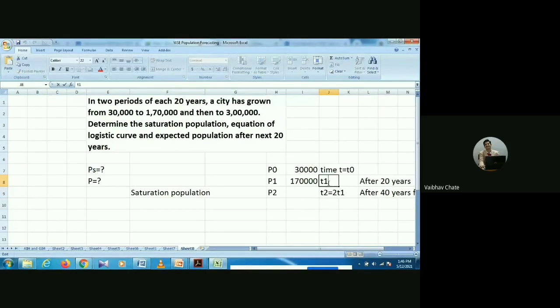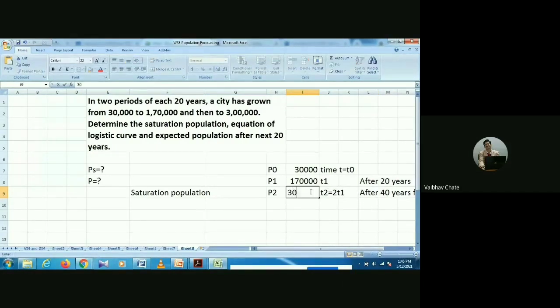So if I talk about this particular population, I'll be considering it as twice. That means the total time period that has lapsed between T naught to T2. T1 is 20 years, 2 times T1 means it is 40 years. That is how I arrive at it.